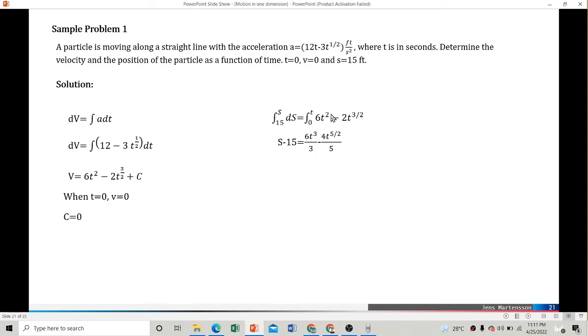So 2 plus 1 is 3 over 3, then 3 halves plus 1 is equal to 5 halves over 5 halves. So the reciprocal, this becomes 4, then we can reduce 6 over 3. The final equation is s is equal to 2t raised to 3 minus 4/5 t raised to 5 halves plus 15.